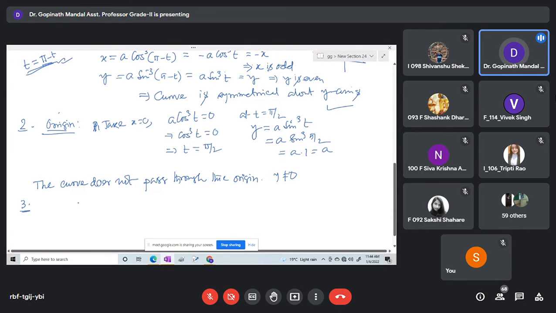Now we have to make a table. To do that, first find dy by dx. So this will be dy by dt over dx by dt.